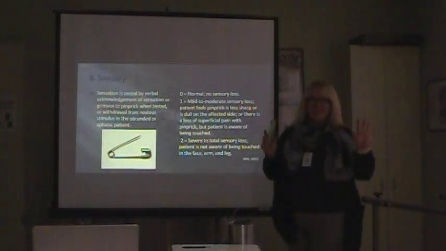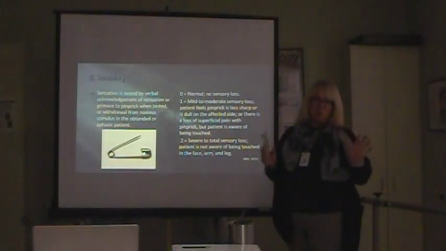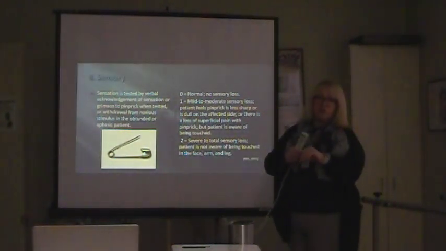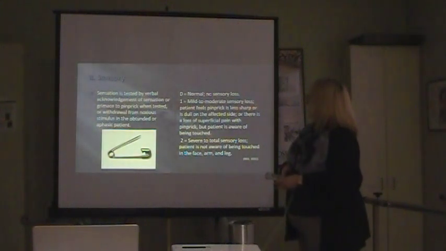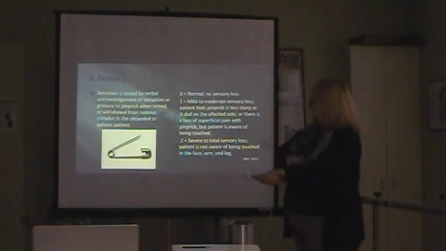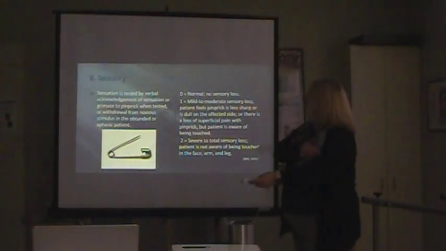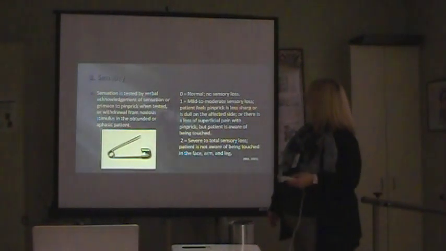The reason I stay away from hands and feet is because in our older population, you have a lot of neuropathies out there, and that can give you a false reading if you use your hands or your fingers. So it's best to stay in the upper arm and upper leg areas.